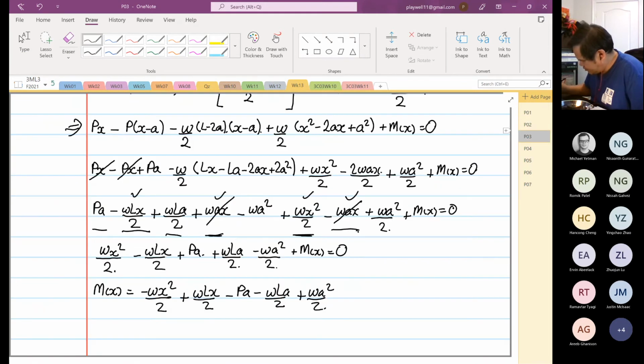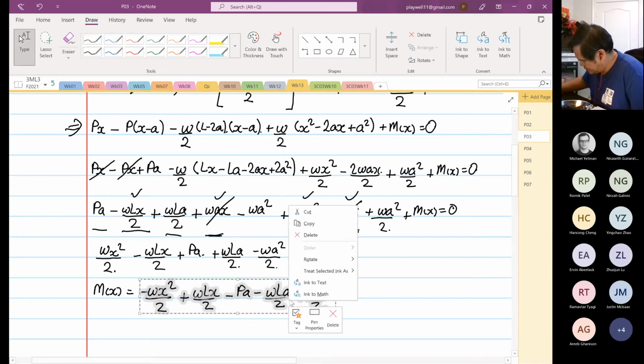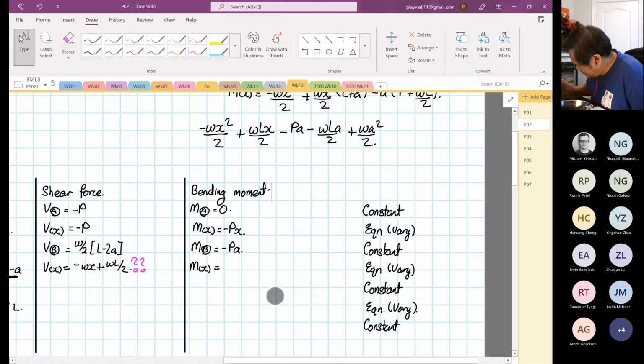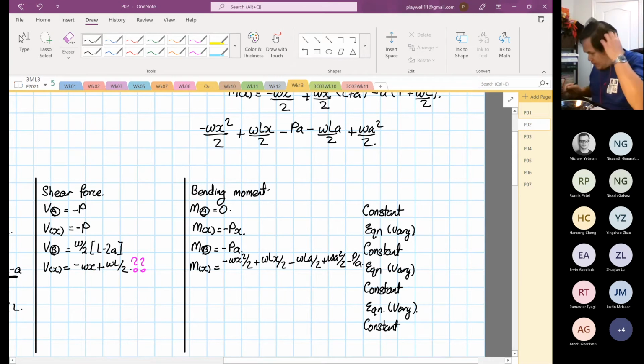So this will be equal to minus omega x squared over 2 plus omega lx over 2 minus omega la over 2 plus omega a squared over 2 plus PA. Okay.